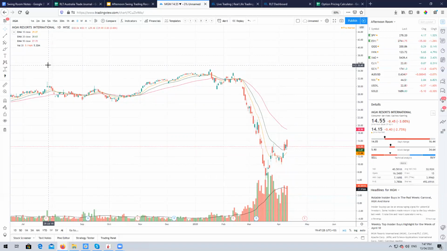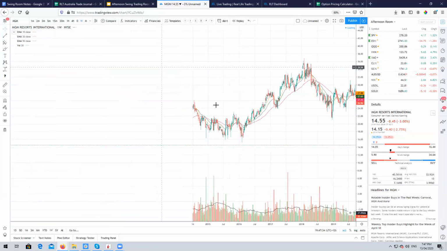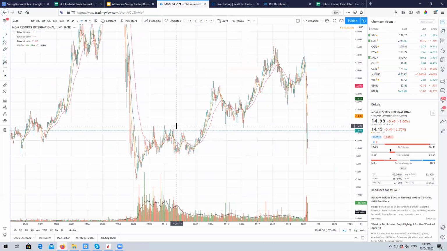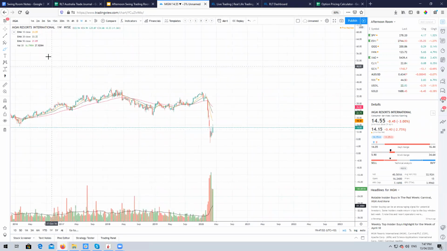But yeah, they still do make a lot of money long term. You can see what happened in 2008, how long it took for them to recover. They traded sideways for a good 4 or 5 years. So yeah, a little bit different, this being a pandemic.